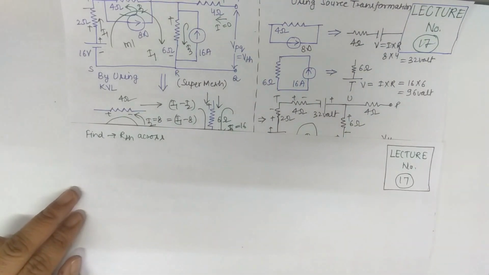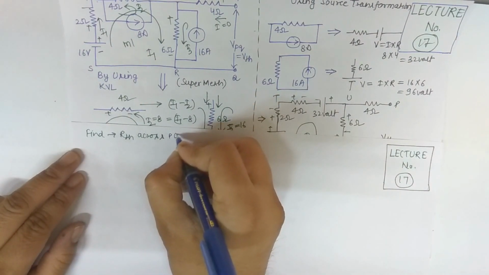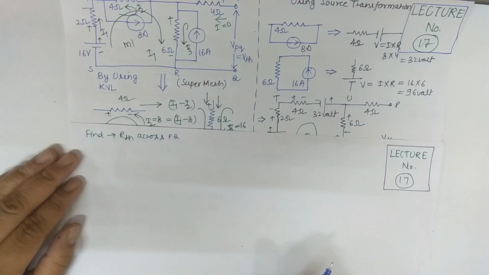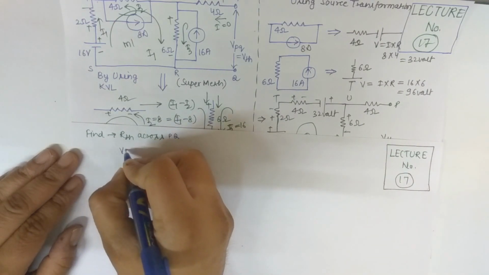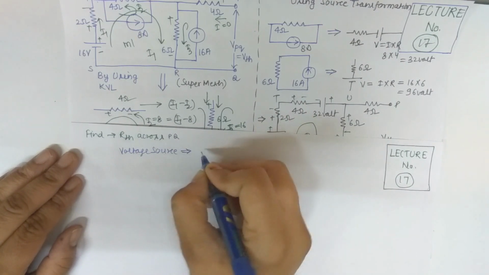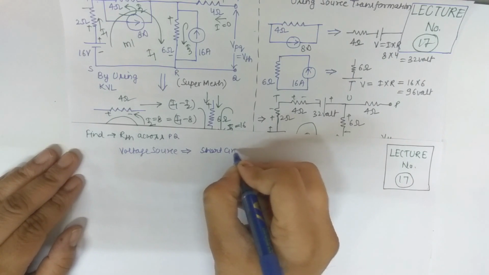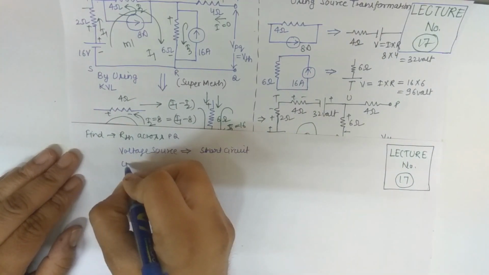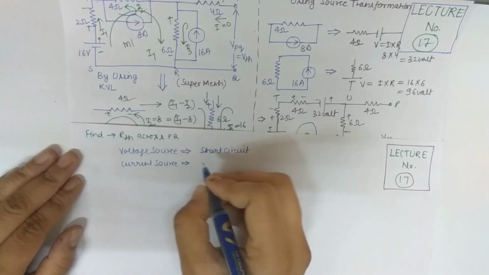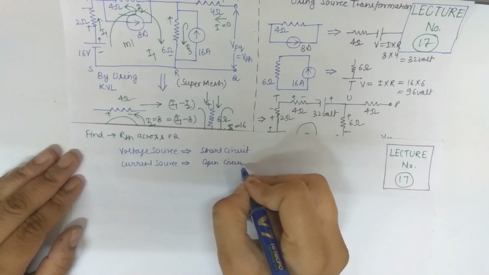Now in this circuit we again find out RTH across PQ by removing all the sources. If there is any voltage source, we take that as short circuit, and any current source we remove by their internal resistance, open circuit by infinite resistance.